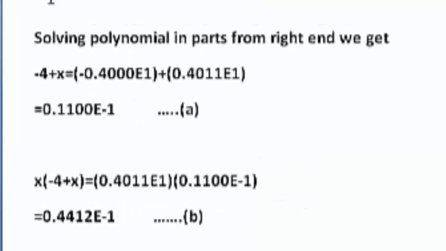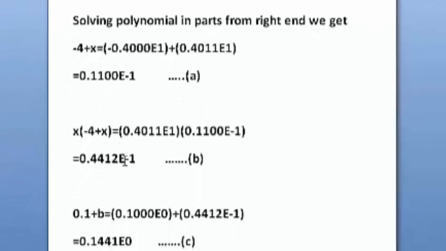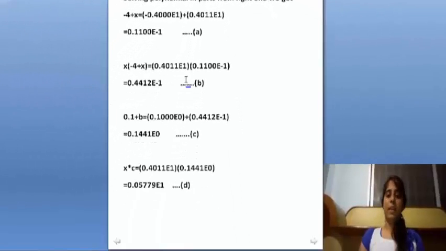Now solving the polynomial in parts from the right hand side, minus 4 plus x equals 0.1100 E minus 1. Let us take this as equation A. Now multiply x with A, and we get 0.4412 E minus 1. This is equation B. Now add 0.1 to B, and we get 0.1441 E0.